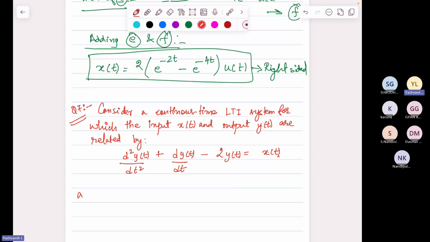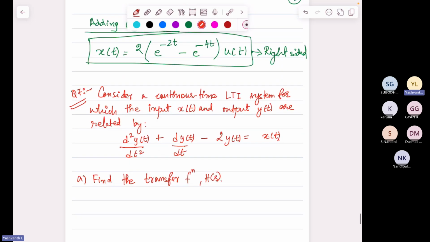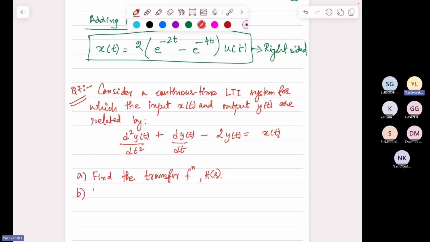Question A. Find the transfer function H of s. Question B. Determine the impulse response h of t for the following 3 cases.